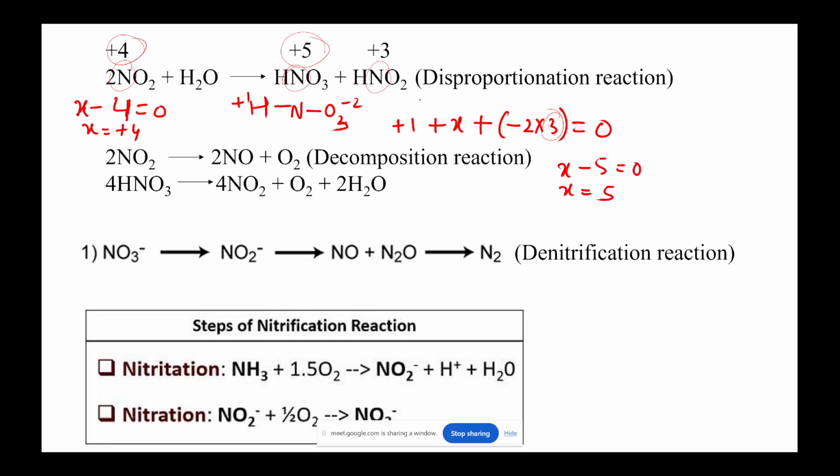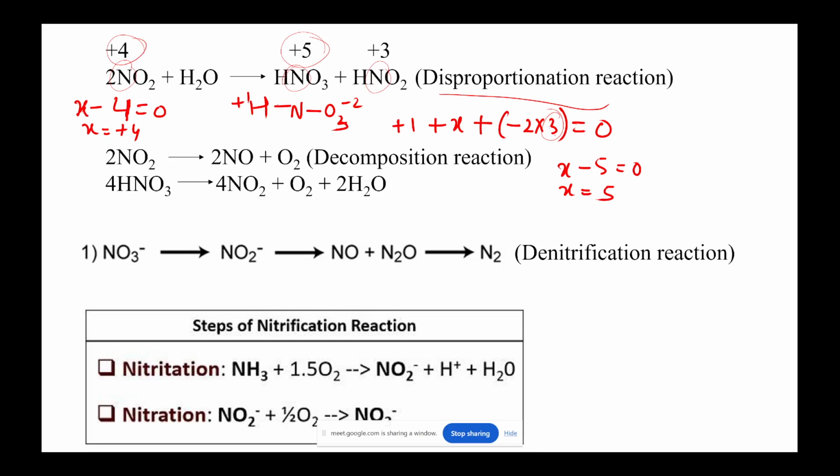So what is happening in a disproportionation reaction is one compound having a particular oxidation state produces two different compounds with two different oxidation states. Nitrogen can exist in multiple oxidation states. If you remember from one of the previous questions, we had discussed the oxidation state of nitrogen in glycine, and the oxidation state of nitrogen in glycine was -3.